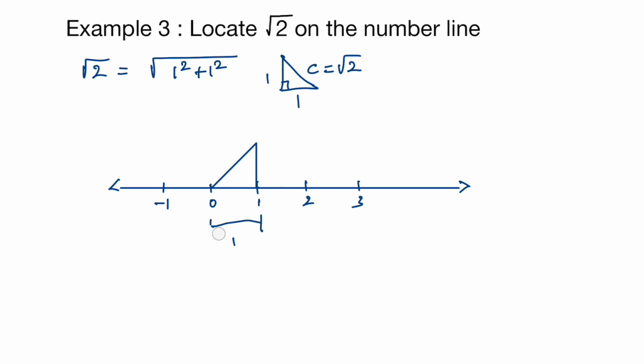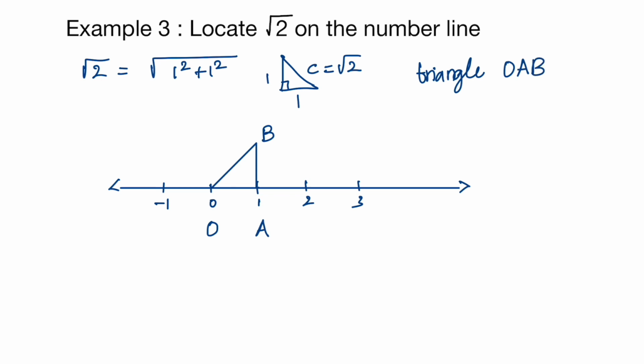I'm just erasing this and going to number these vertices. So let this be O, let this be A, and this one be B. Okay, OAB. Now we have a triangle which is a right angle triangle, OAB.